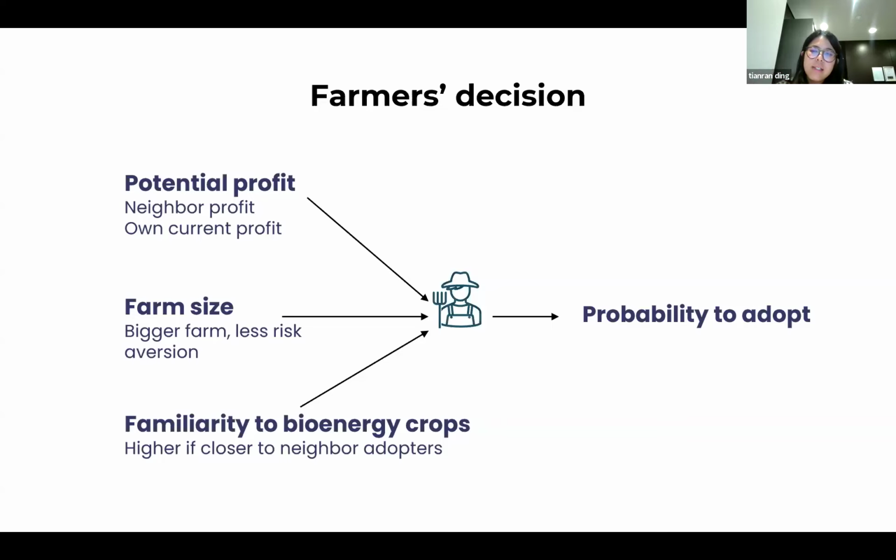For farm size, when you have a bigger farm, they will have a higher chance of adopting it because it has a lower risk aversion rate. And for familiarity, we assume that the closer they are to neighbor adopters, the more familiar they will be with the new technology. In the end, after filling into the model, each farmer will make a decision every year step, and we have a probability to adopt for each farmer.